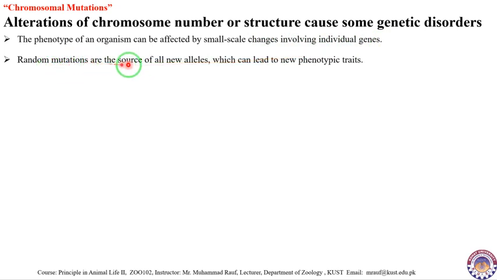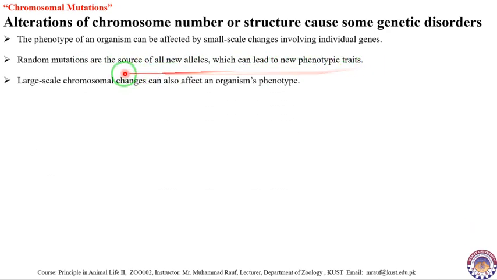Random mutations are the source of all new alleles, which can lead to new phenotypic traits. Large-scale chromosome changes can also affect an organism's phenotype. Now, mutations are changes in the genetic material of a cell or an organism.